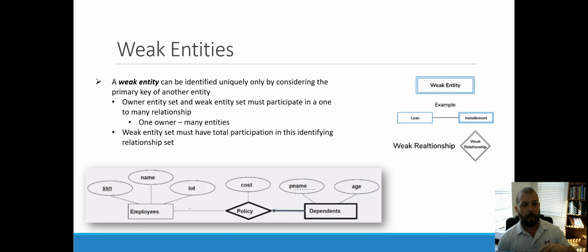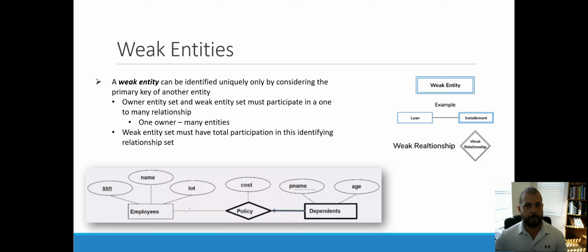In that case, it's what is called a weak entity. Take this example where you have an employee entity with social security number, name, lot, whatever. Then you have another entity of that employee's dependents. Think about wife, husband, children, whatever the dependents are.